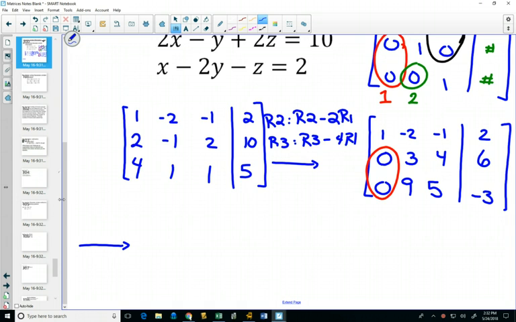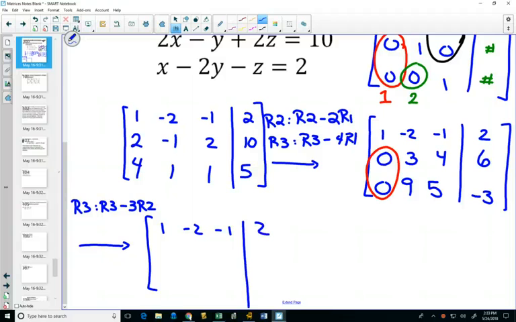So I want to change row 3. Can you see that I can make that 0 by taking row 3 and subtracting 3 row 2s? And I have to use row 2 because that will maintain the zeros in that first column. So again, we haven't changed anything to row 1. In this case, we're not changing anything to row 2.